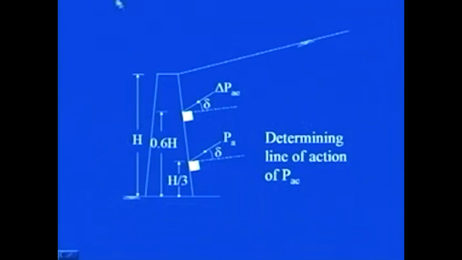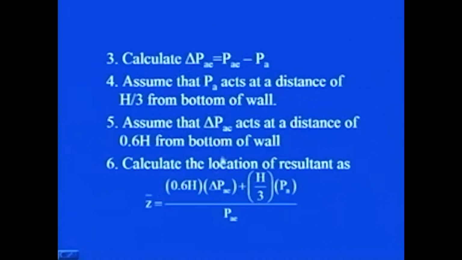You see here, PA is acting at h/3, and delta PAE is assumed to act at 0.6 times h. So once we know where they are acting, we can determine the location of the resultant as 0.6 times h times delta PAE plus h/3 times PA, divided by PAE.